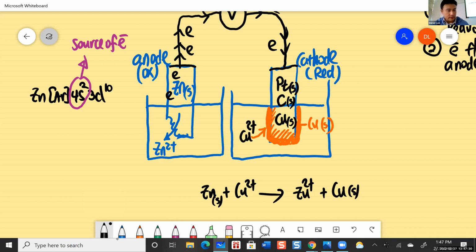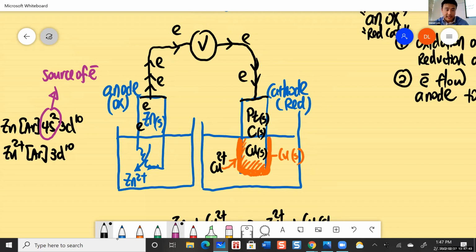As zinc becomes zinc 2+, it loses the 4s electrons. And those electrons are the ones that travel in the wires from anode to cathode.